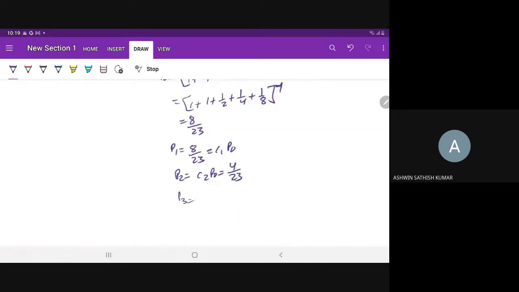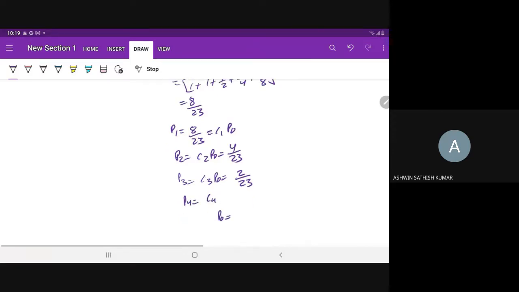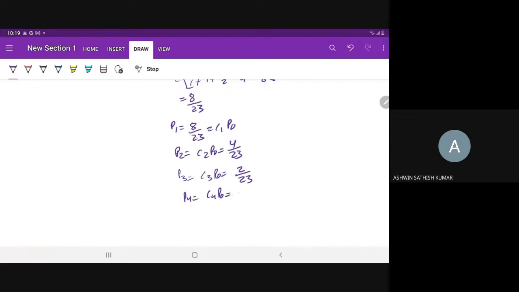P3 is equal to C3 into P0, that is 1 by 4, so 2 upon 23, and P4 is C4 into P0, so it is 1 by 8, that is 1 by 23.